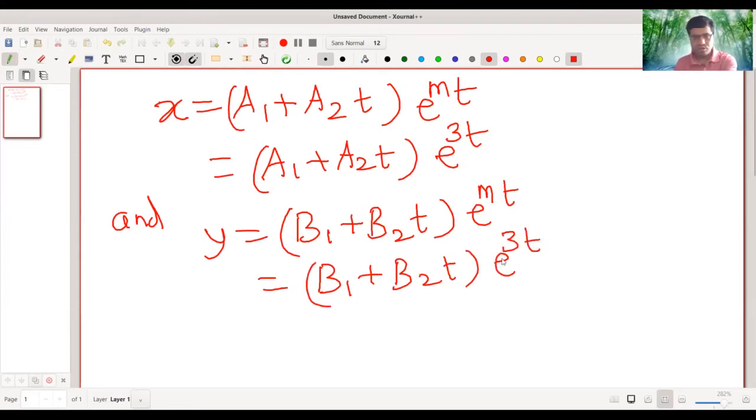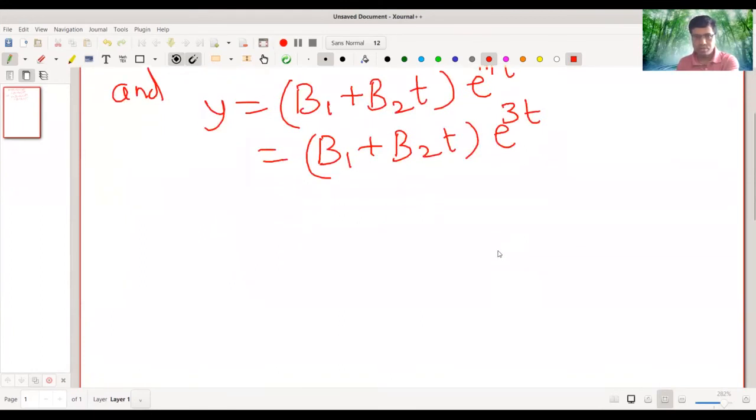Now we substitute these values of x and y in the given differential equation and then find the unknown terms a1, a2, b1 and b2.